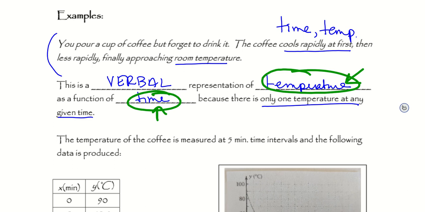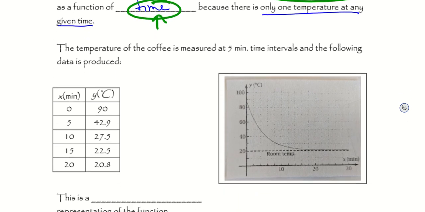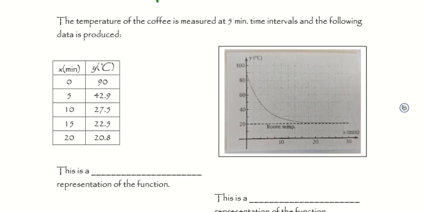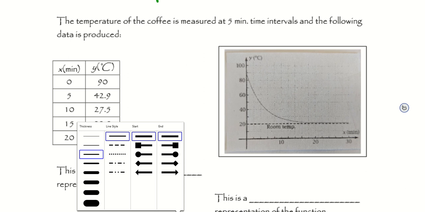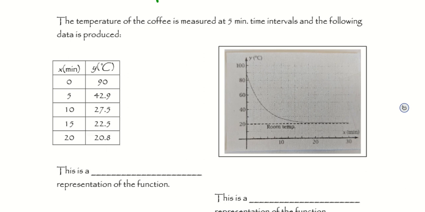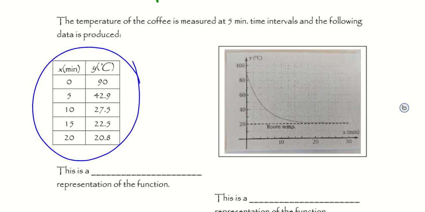Let's look at these. So that's one representation. Let's look at two more. The temperature of the coffee is measured at 5-minute intervals, and we have this data. So in this table, we have a set of points. We can see that at 0 minutes, when the coffee is poured, it is 90 degrees Celsius.